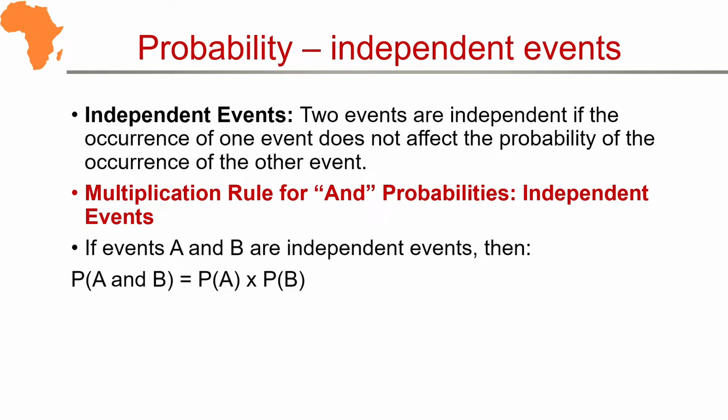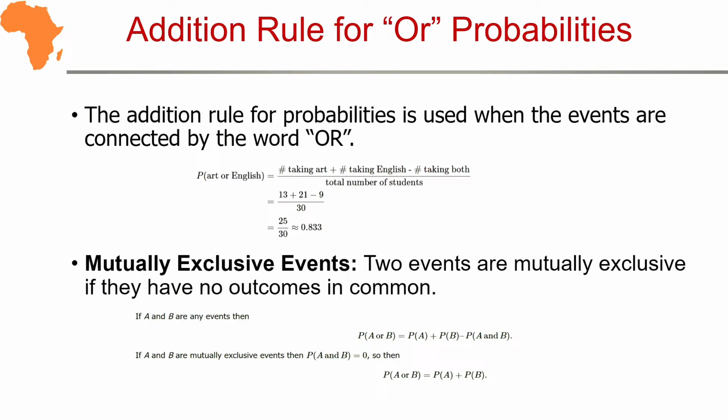I'm just creating that. So let me go back here. Any events, which means they have something in common. So the Venn diagram. Probability of art or English is the probability of art plus the probability of English minus their combined occurrence.